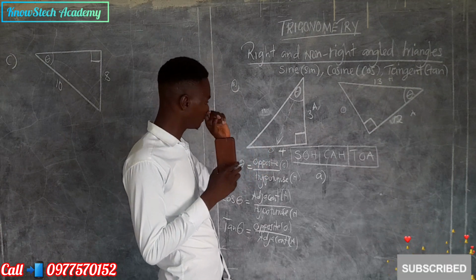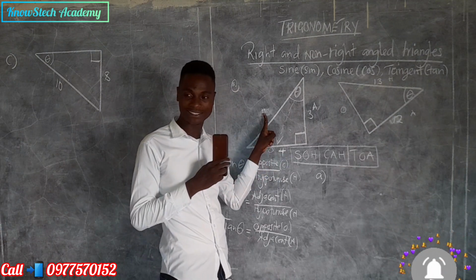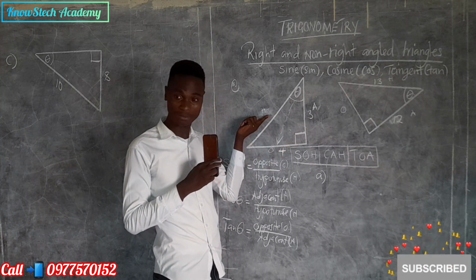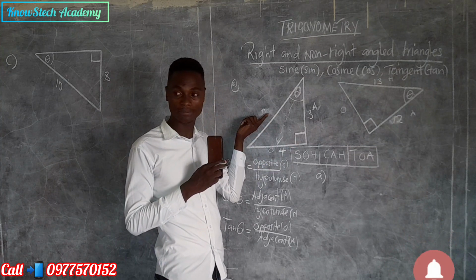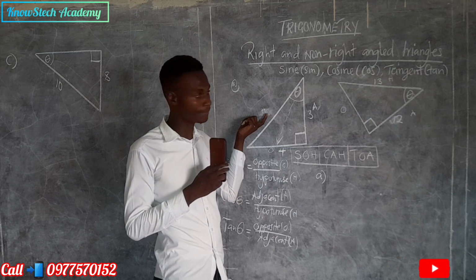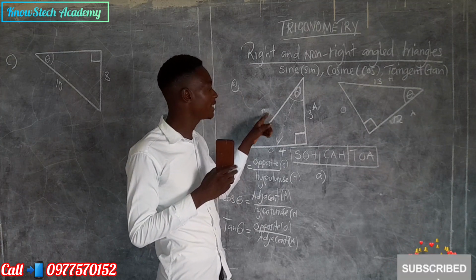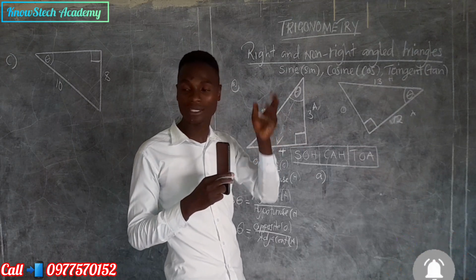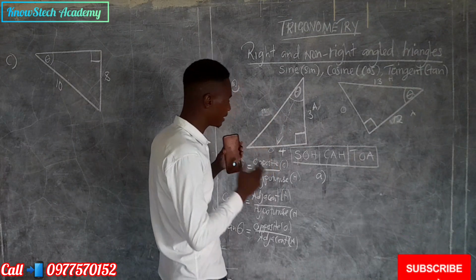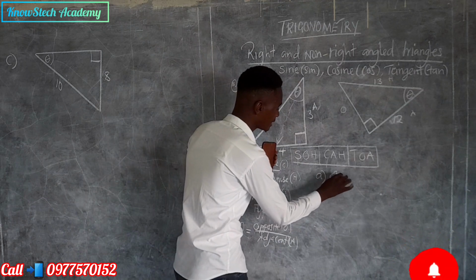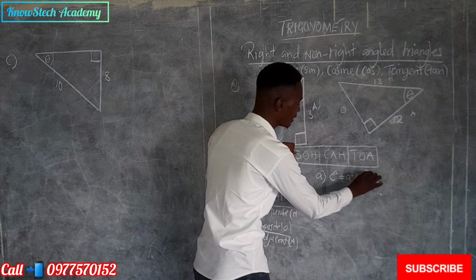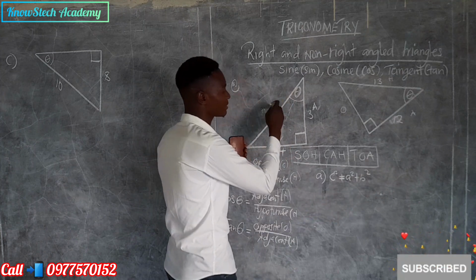Now, do we know the hypotenuse? What is the value of the hypotenuse? We have 3 and 4. What is this? We don't know. So, we can find the hypotenuse by using the Pythagoras theorem, the one you learned in grade 8 and 9. C squared is equal to A squared plus B squared. C squared represents the hypotenuse.